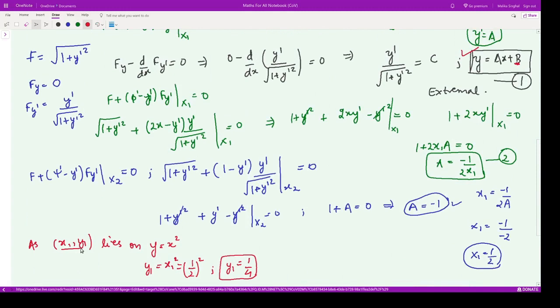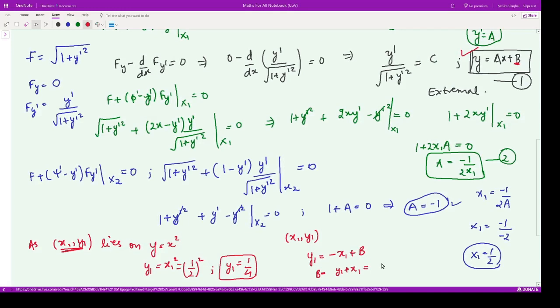So moreover, this point (x1, y1) also lies on the extremal, correct? In that case we would get y1 = -x1 + b. So from here we can calculate b: b = y1 + x1.